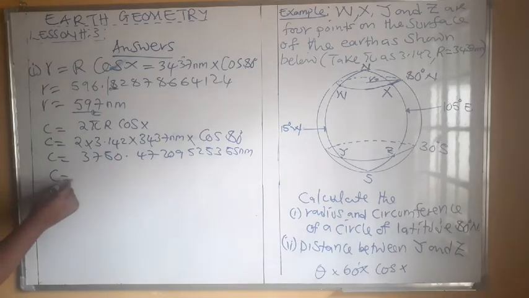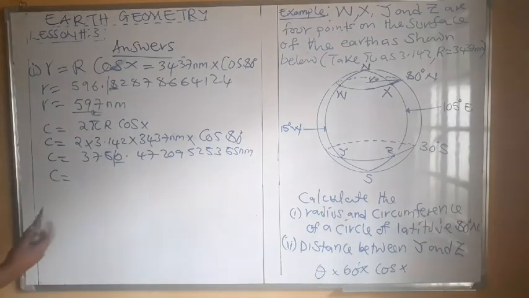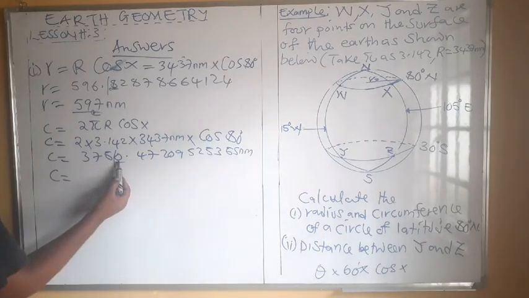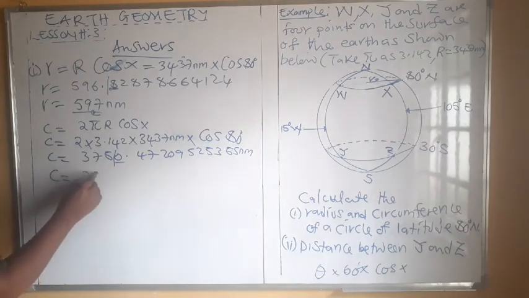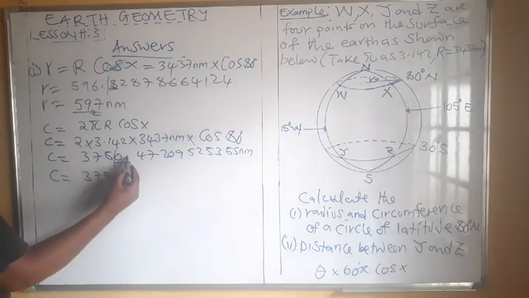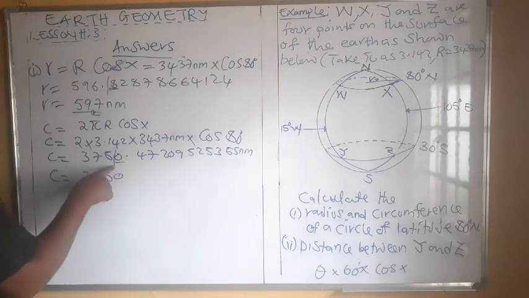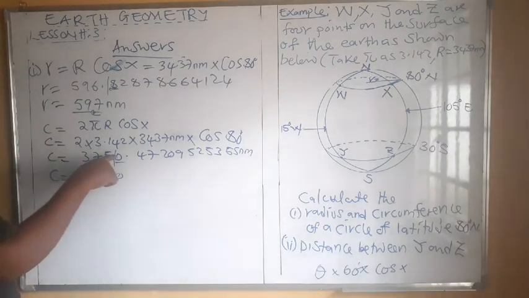So circumference is equal to, 1, 2, 3, you chop here and consider this one. So 0 will be considered as 0. So 0 plus 5, you get 5. So you have 3, 7, 5. Now because I have one digit before the point, I'll add a 0. Here it's a bit confusing. Because there is 0, we put a 0, it does not mean that if there is 1, you also put 1.